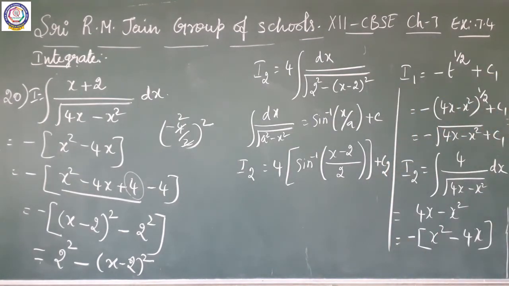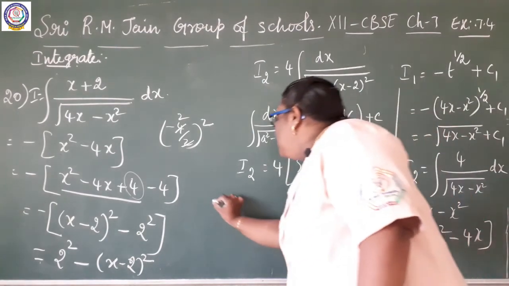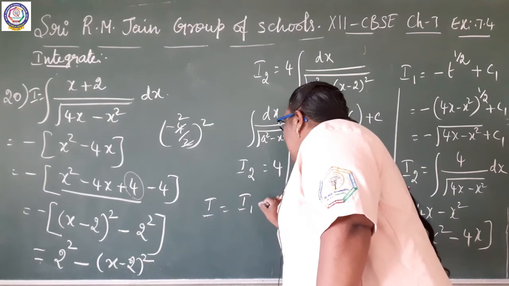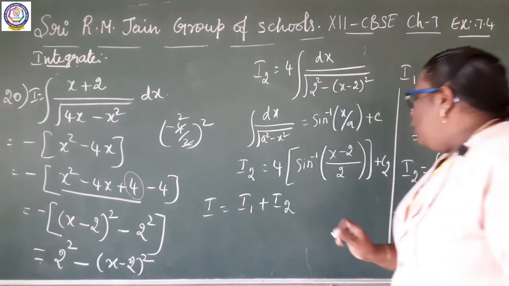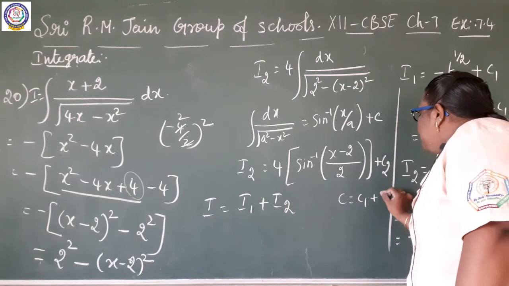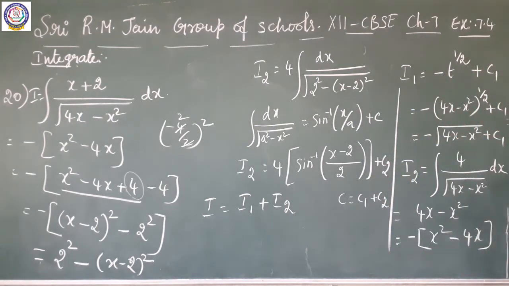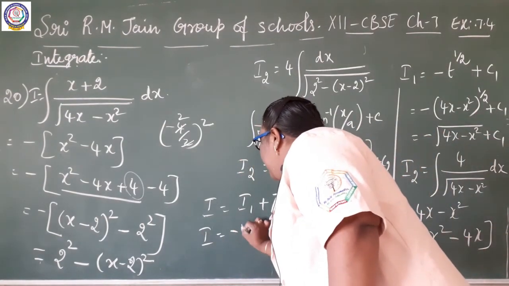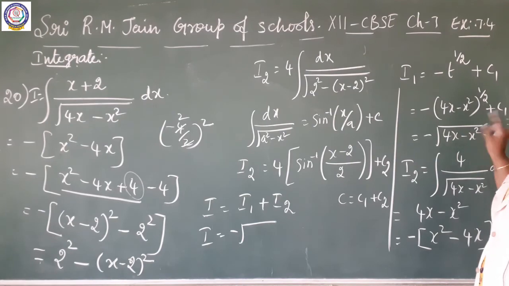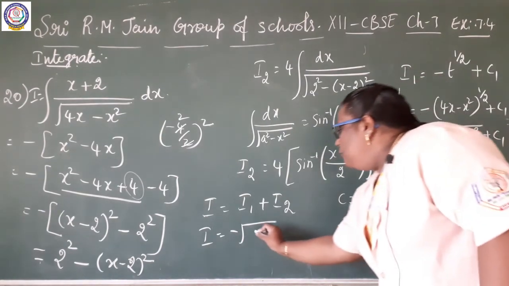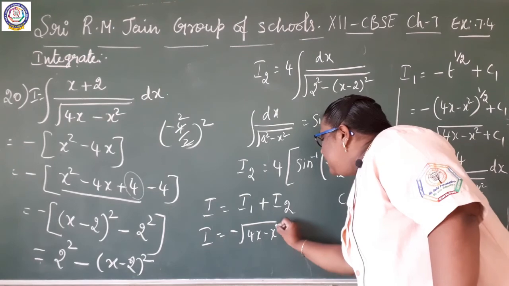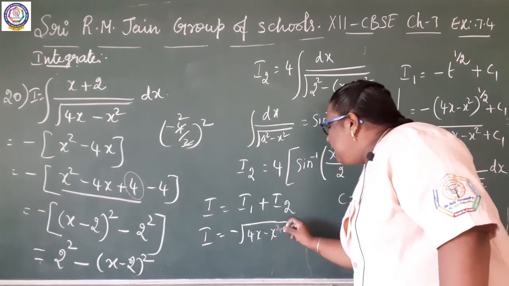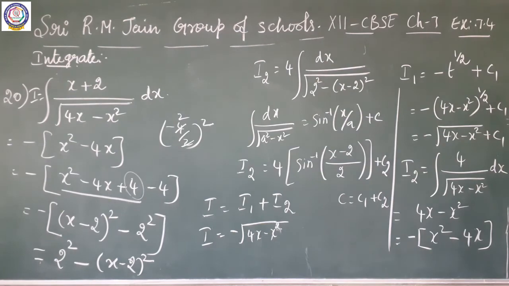So I equal to I1 plus I2. I already told you C equal to C1 plus C2. Commonly you can write plus C, it's enough for you. What is I1 value? I1 equal to minus of root of 4x minus x square.